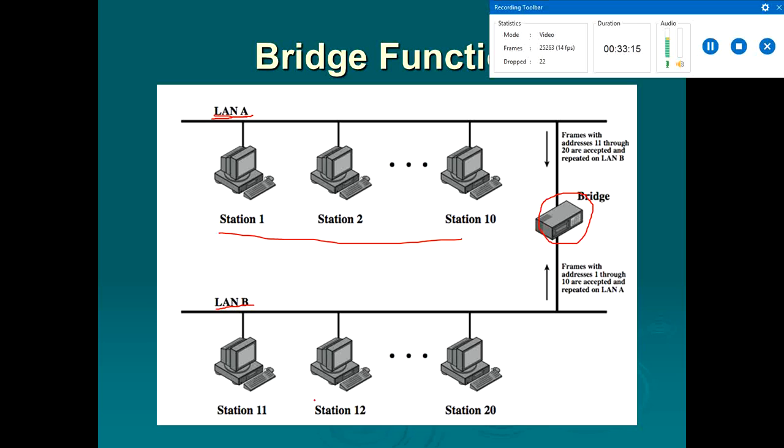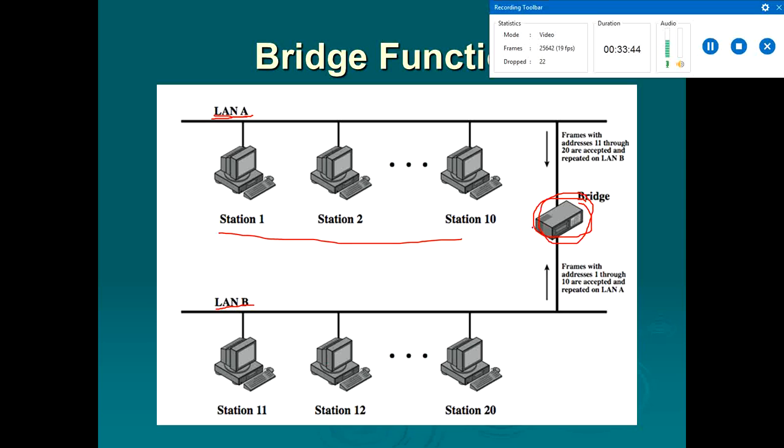Now, the bandwidth that was shared by 20 systems before has been divided, so the communication will be faster now. This is the bridge which has divided the LAN into two LANs. LAN A contains stations 1 to 10, and LAN B contains stations 11 to 20.